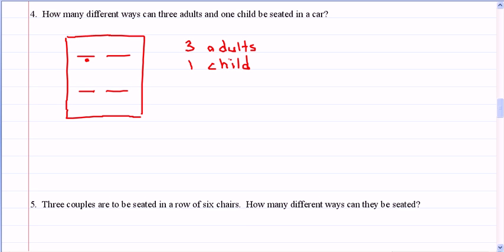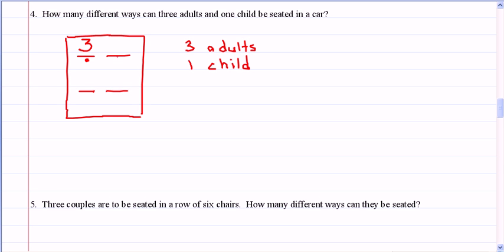The difference between this problem and number 3 is that you don't have 4 people that could be seated in the driver's seat because you only have 3 adults. So if you have 3 adults, you have 3 choices of people who could sit in the driver's seat. The next problem is that when we get to the passenger seat, we have 1 person that's been selected to drive and 3 people left to be seated in the car.